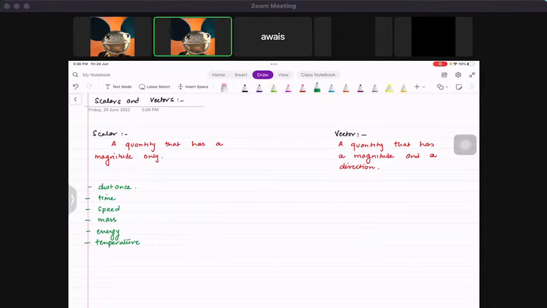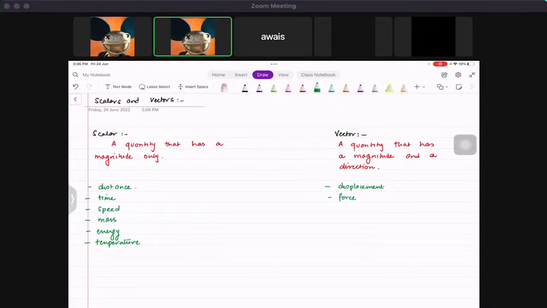Whereas we also got some lists of vectors, mainly displacement, and then force.